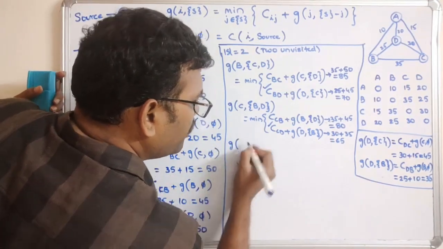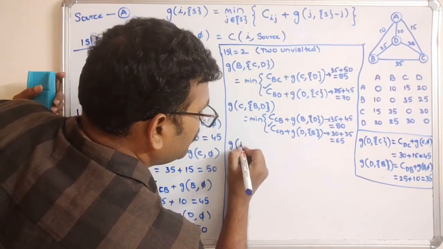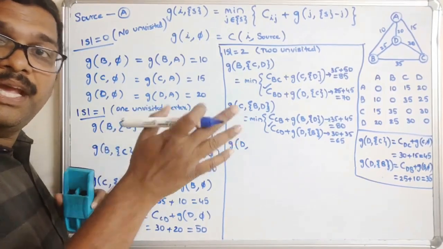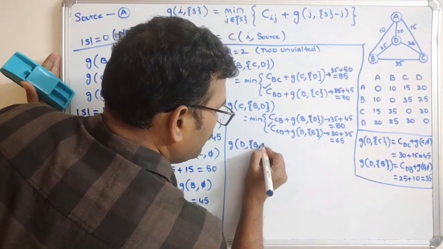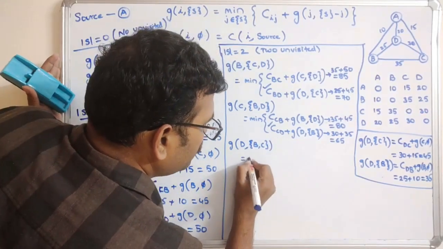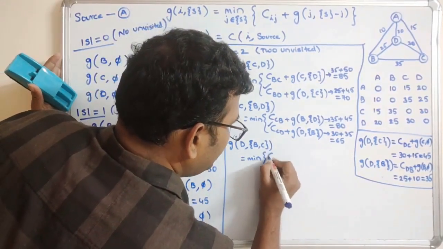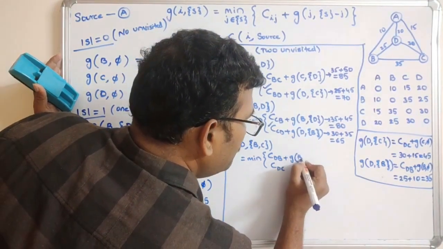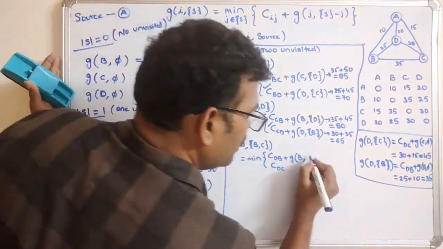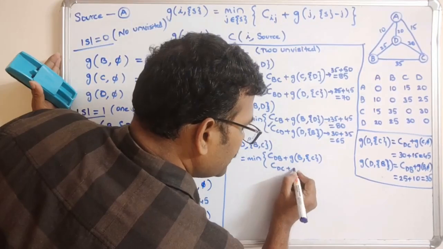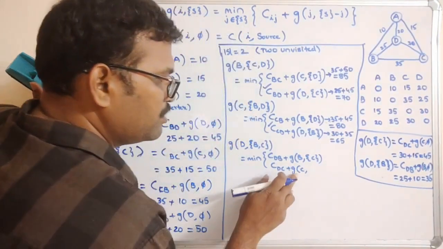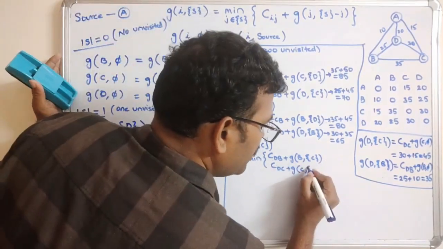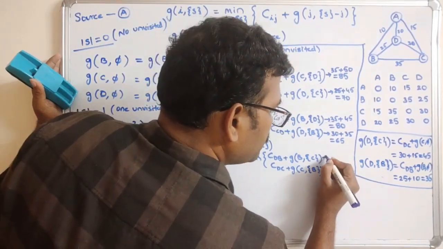And the next one, G of D. If the possible source is D, from D there can be an edge to B and C. So here we can write G of D comma {B, C} is equal to minimum of DB plus G of B comma, from the set if we minus B, the set will contain only C, and DC plus G of C comma, if C is a source and we remove C from the set, it will be B. So what is the amount here?